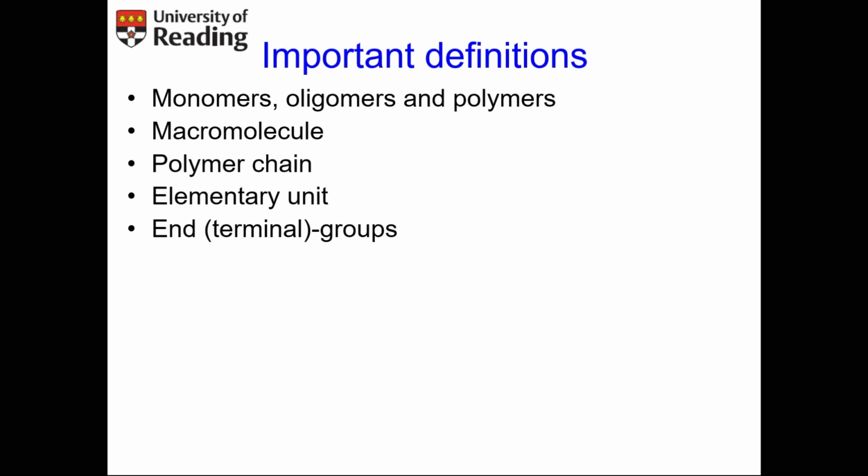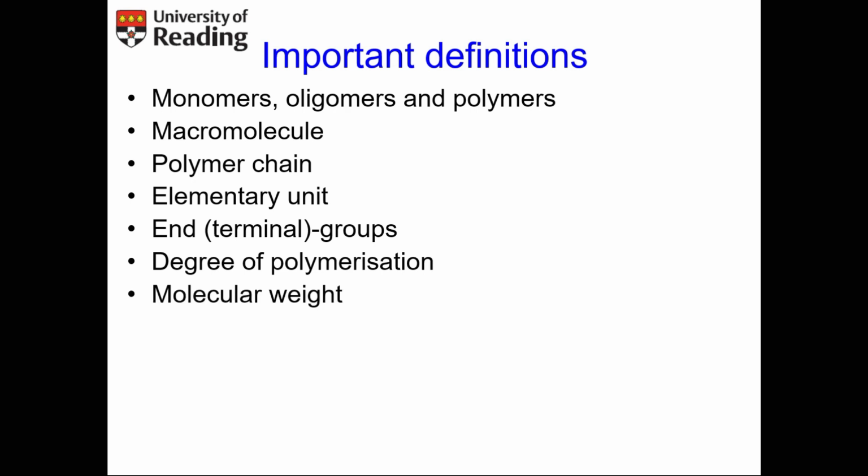Then, because macromolecules are still molecules, even though they are quite large, they will always have some end groups, or sometimes they are referred to as terminal groups. The number of repeating units in a macromolecule will be defined as the degree of polymerization, and the molecular weight of a macromolecule will be the molecular weight of the whole macromolecule.